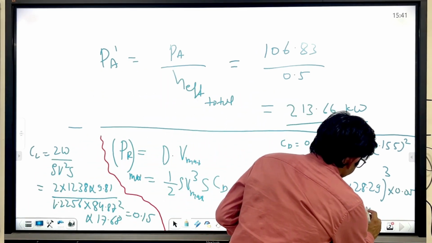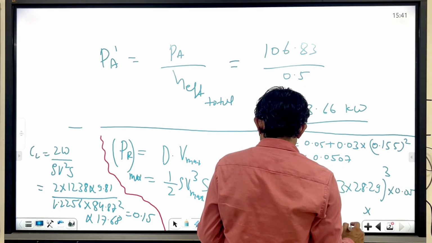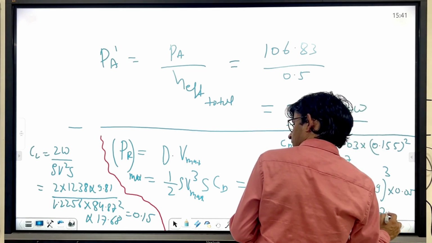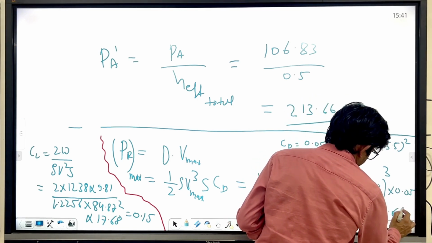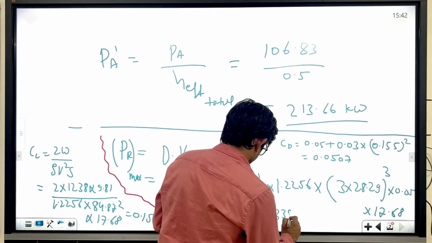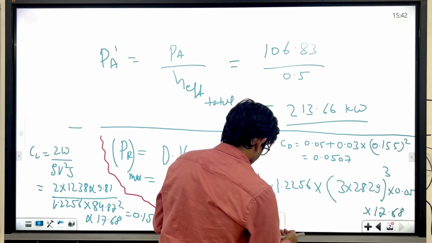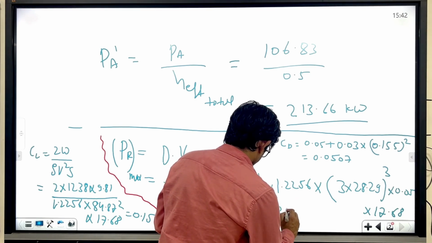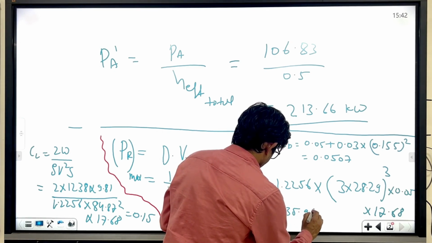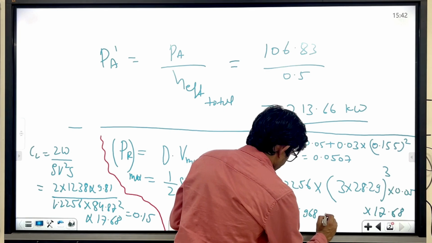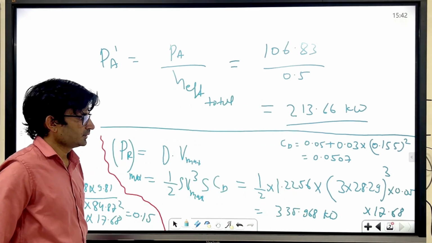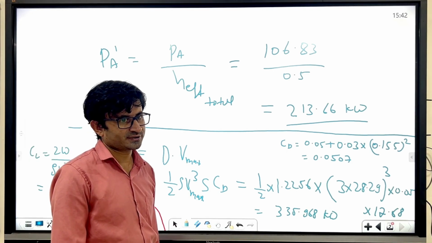Multiply by area. 18.6. Please check. And in the climb case 106.